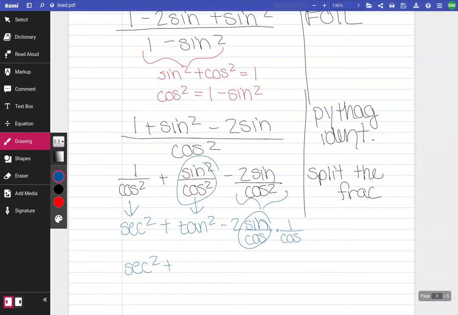So secant squared plus tangent squared minus 2 tangent times secant. These were reciprocal and quotient identities.